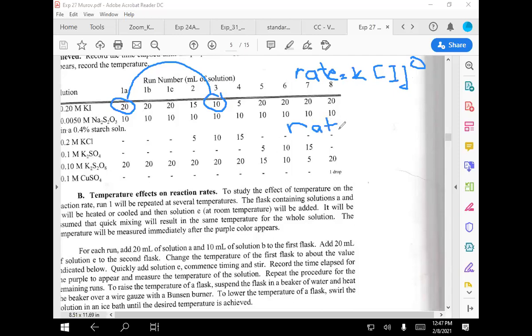If it was first order in iodide, there's a direct proportion to the rate. If you have more iodide, you would have a faster rate. So since we used half the iodide and nothing changed, is it zero order?